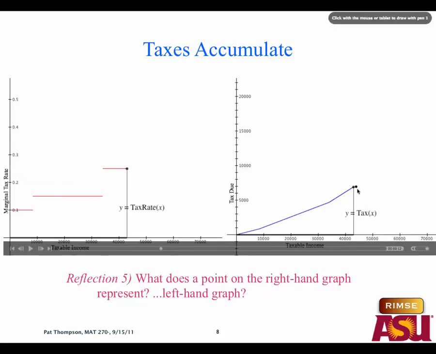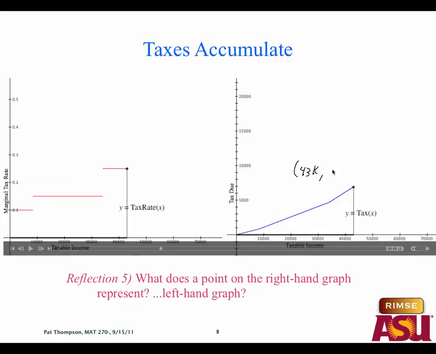What does a point on the right-hand graph represent? So right there, what does that point represent? I heard over here, how much tax she owes for a corresponding income. That's a good way to say it. There are many ways, but this is a good way. It's the corresponding values of two quantities, in this case the taxable income of 43,000 and whatever that tax is.